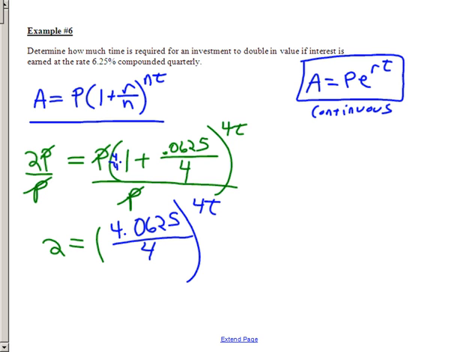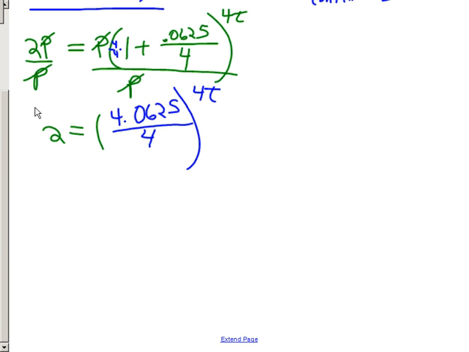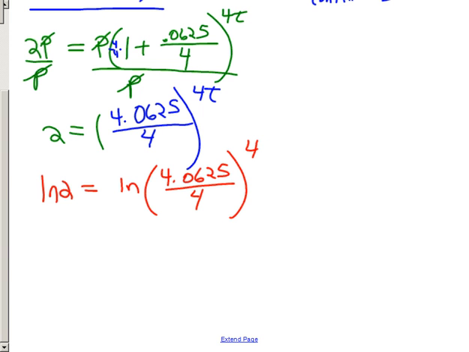Now, I'm not going to lie, this problem gets a little messy before we're done here if we have to solve this thing by hand. If we've got to solve this thing by hand, we take the natural log of both sides so that we can drop down this exponent. We have to find a way to get the variable out of the exponent.